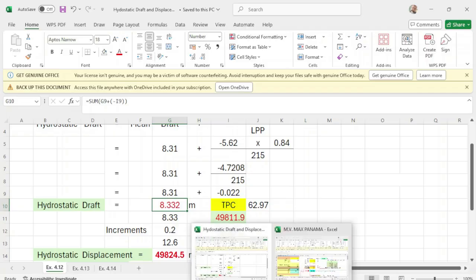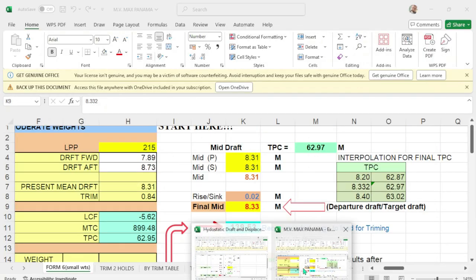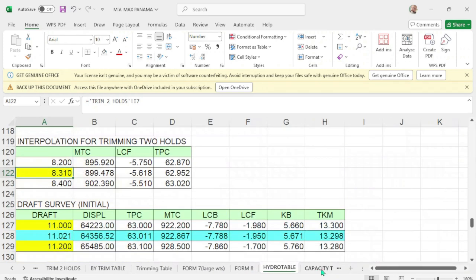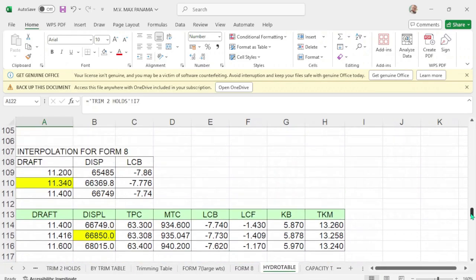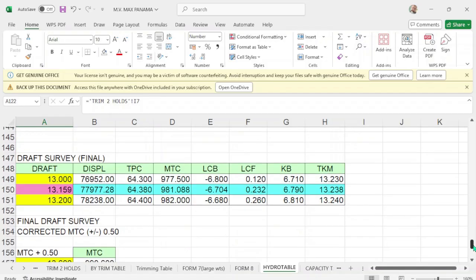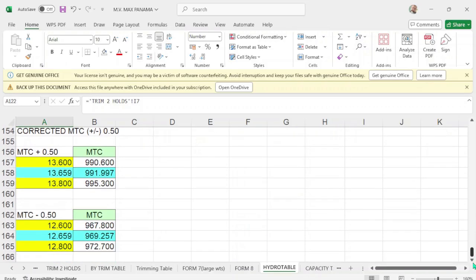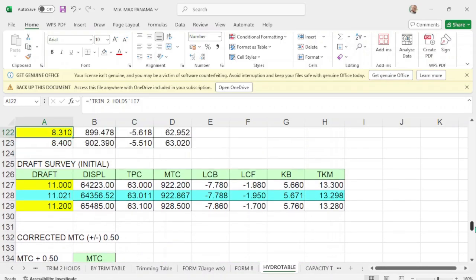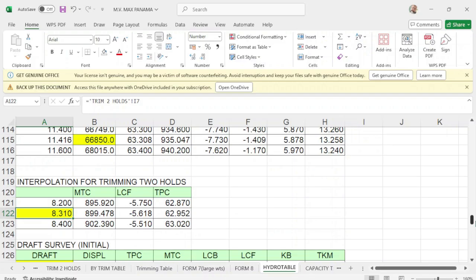Or, okay, go to the program, you go to the hydrostatic table, TPC, put here the spinal drop survey, initial TPC.